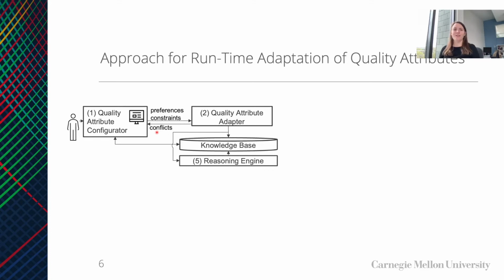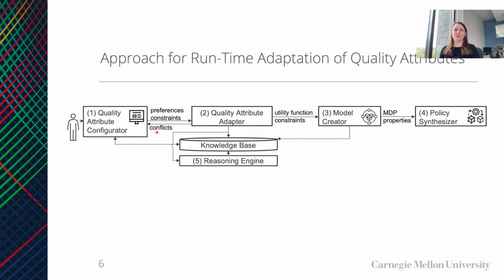Based on this information from the quality attribute adapter, a utility function is generated, along with a set of constraints that should hold. They are sent to a model creator that can create a Markov decision process to express the automated planning problem, and also PCTL properties that are used by a policy synthesizer to find out what the optimal plan is.